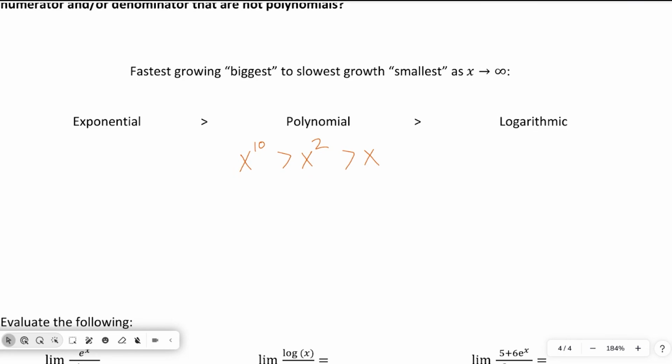What's interesting, and I don't think it's super obvious, especially at first, is that every single exponential function that has a base that's greater than 1, we'll throw that little caveat out there, will grow faster than every polynomial function in the long term. Maybe not in the short term, but in the long term.